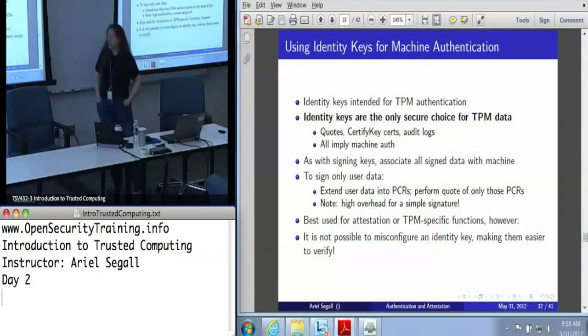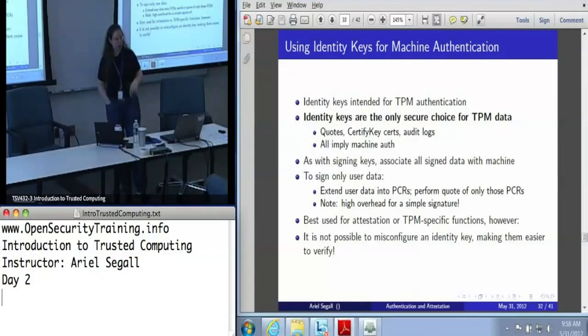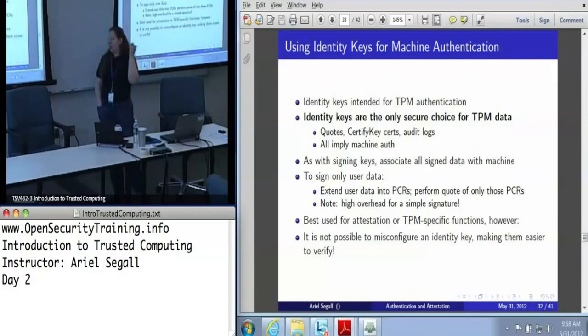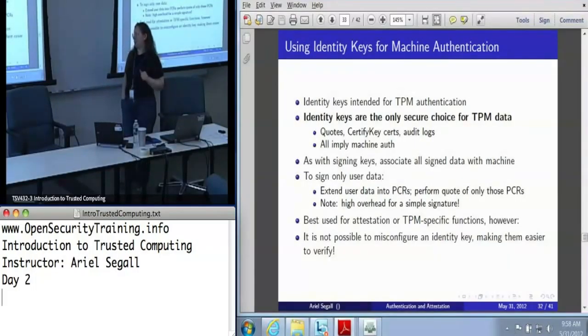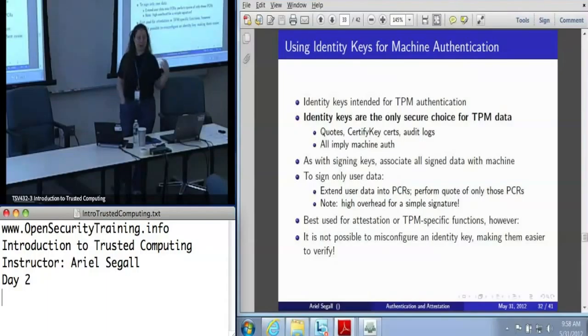Identity keys can also be used for machine authentication. See previous note about attestation for quotes. These are actually what they're intended for, which is not just machine authentication, but TPM authentication, which, since they're soldered together, is often the same thing. Identity keys are the only key that we recommend using for TPM data. And this includes quotes, but this also includes things that are not explicitly attestation-based, like certified key certificates.